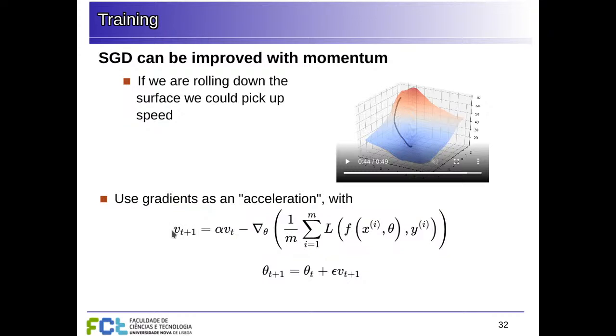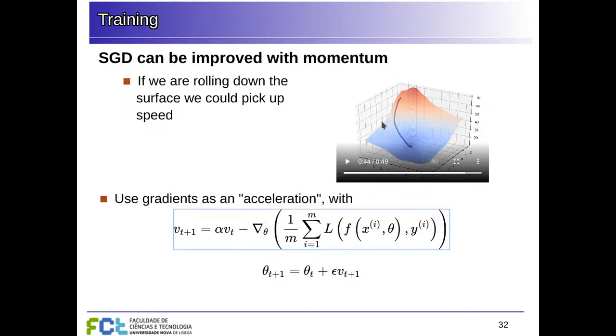The velocity at the next iteration will be a fraction of the velocity on the previous iteration, and the velocity is actually a vector that indicates where we were going in this sliding down. We change this by adding the negative of the gradient estimated in our batch of points.